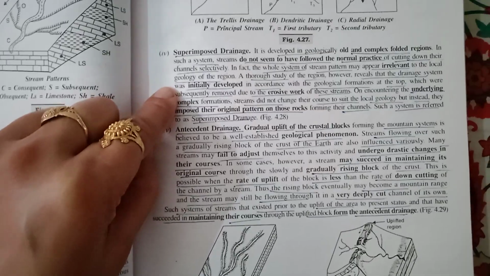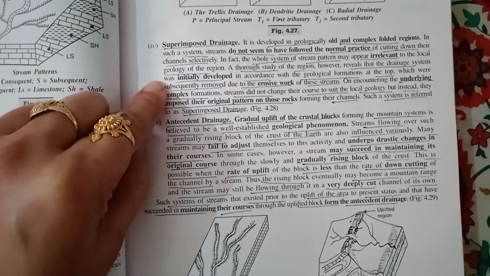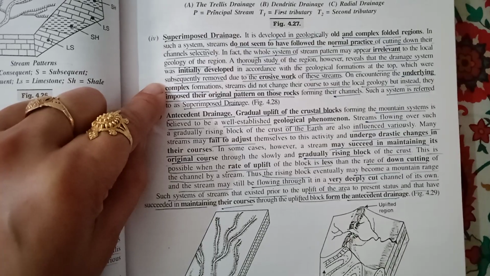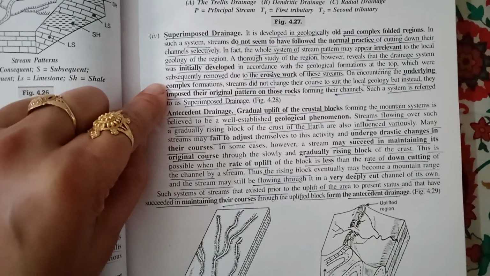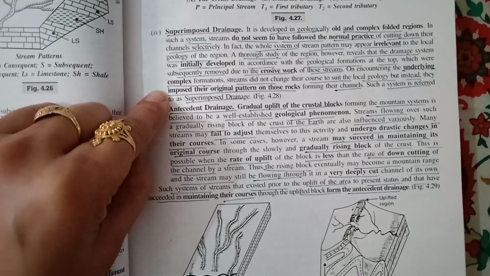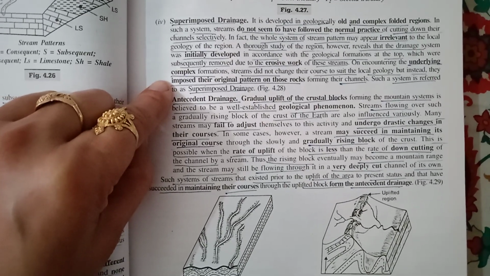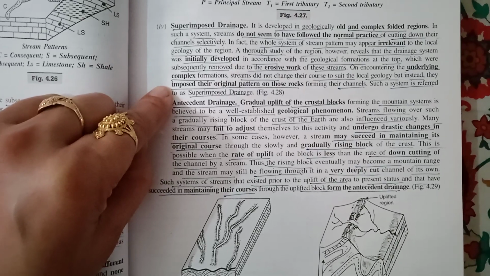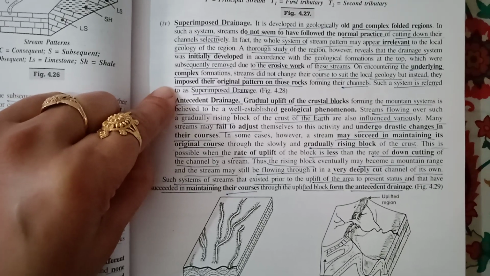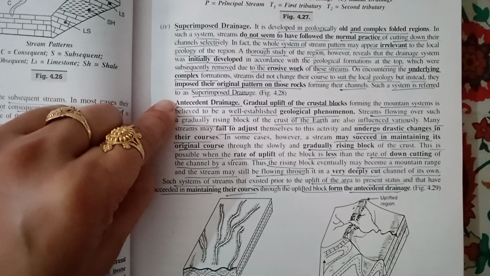A thorough study of the region, however, reveals that the drainage system was initially developed in accordance with the geological formation at the top, which was subsequently removed due to the erosive work of these streams. On encountering the underlying complex formation, streams did not change their course to suit the local geology, but instead they imposed their original patterns on those rocks, forming their channels. Such a system is referred to as superimposed drainage.